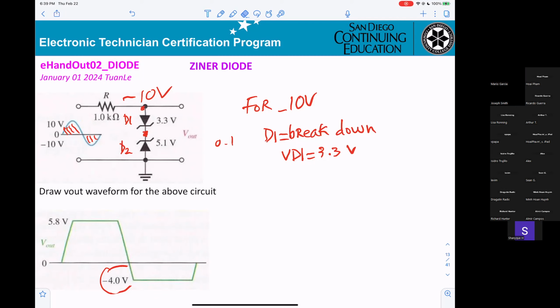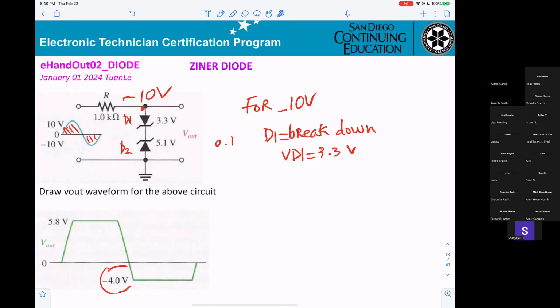Now I'm telling you, if you know how to run the simulation, Multisim 7, then you can measure right here to see what voltage you get. You can measure from output to the ground.